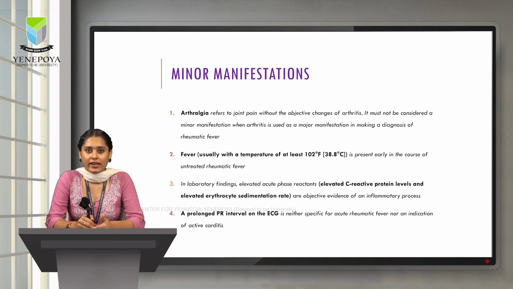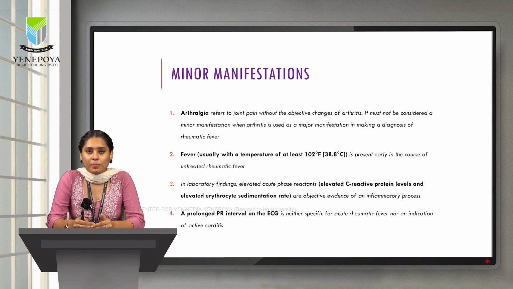In laboratory findings, there are elevated acute phase reactants such as elevated CRP, that is the C-reactive protein level, and elevated erythrocyte sedimentation rate, that is the ESR. If these are elevated, then you can say that there is an elevated inflammatory process happening. So the laboratory findings are also positive, which comes under the minor manifestations.